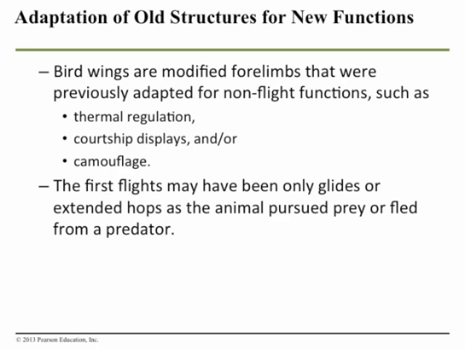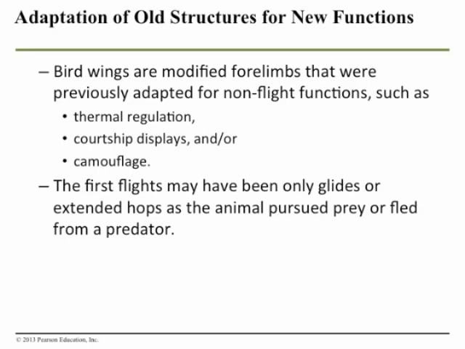Okay. So here's kind of a summary of what I was just saying with the birds. Bird wings are modified forelimbs that were previously adapted for non-flight functions such as thermal regulation, so being able to keep warm. Other ideas for what they might have been for is courtship displays, and a lot of birds do this still now, is that the reason why their feathers are colorful is because it helps them attract a mate, right? Or camouflage.